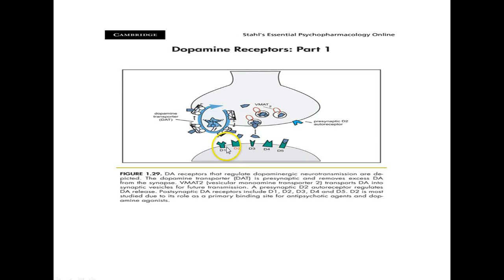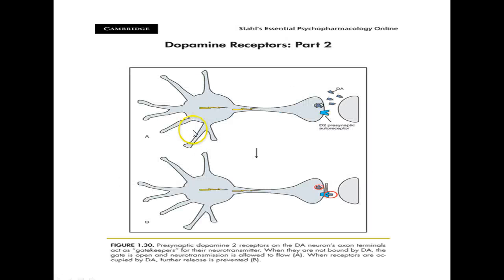Of course, once dopamine is secreted into the synaptic cleft, it can hit dopamine D1, D2, D3, D4, and there are presynaptic D2 autoreceptors influential in regulating the transmission of neurons, and we have the dopamine transporter also, which is responsible for reuptake, as we talked about in the last slide.